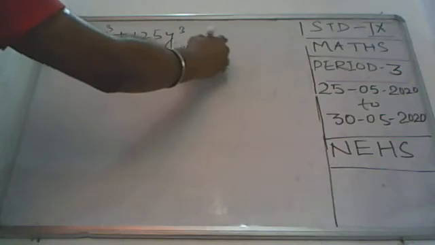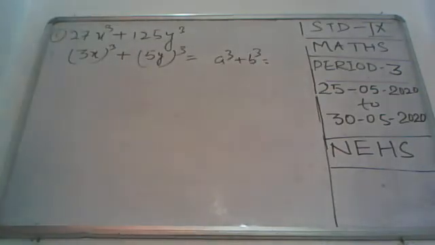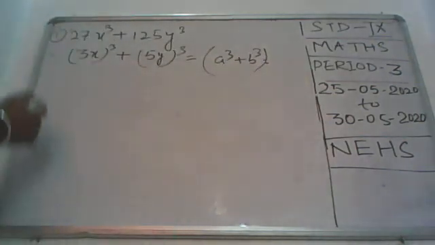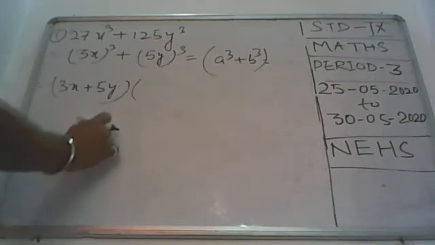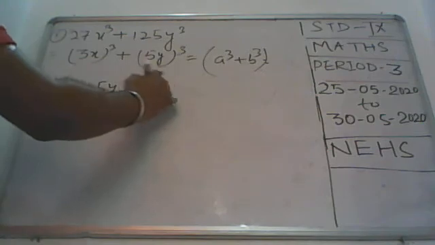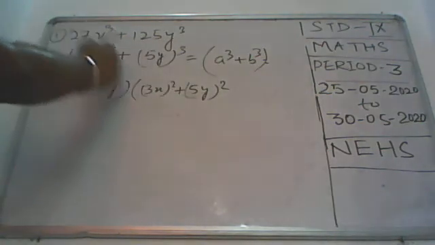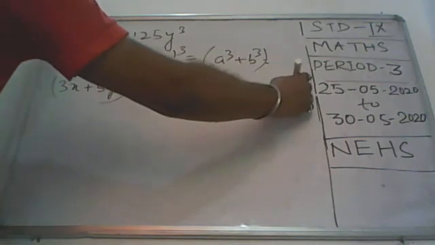Now it is based on the formula of a cube plus b cube. So you can write a plus b, then a square plus b square, and it is plus here, so minus a into b, 3x into 5y.